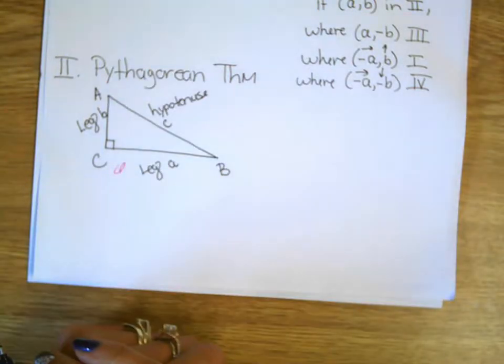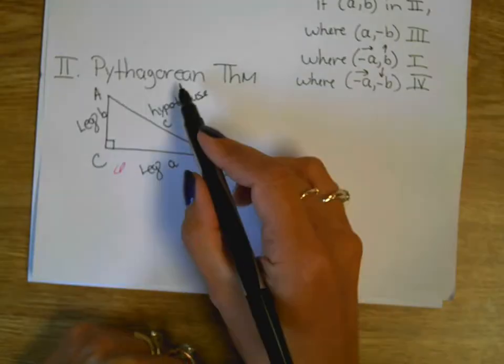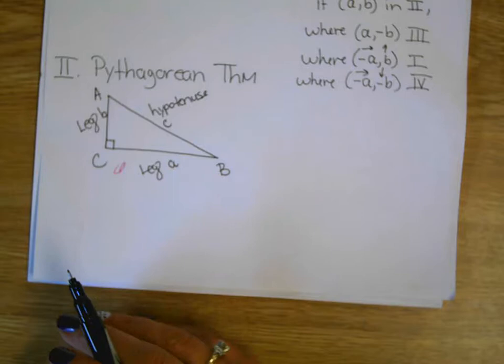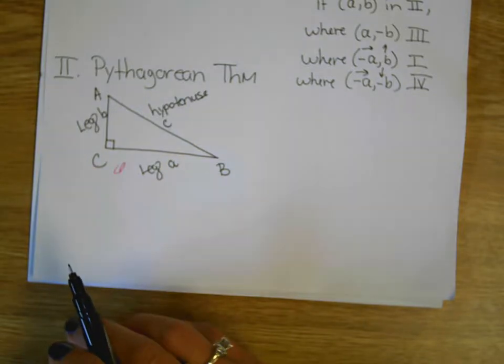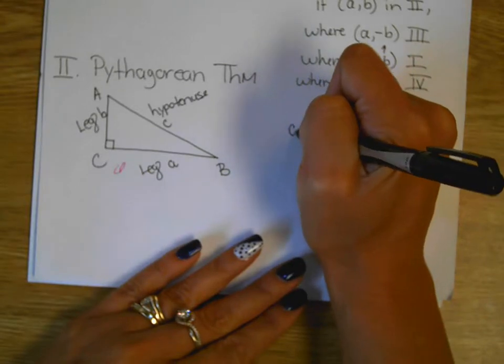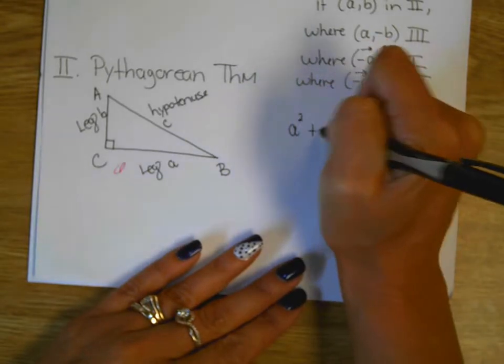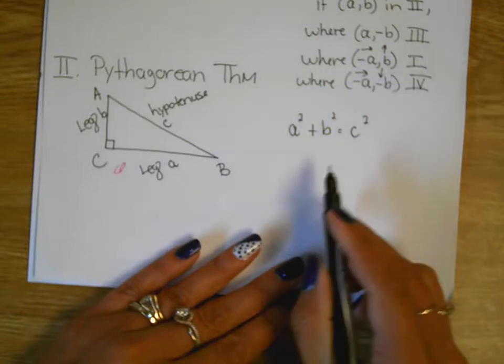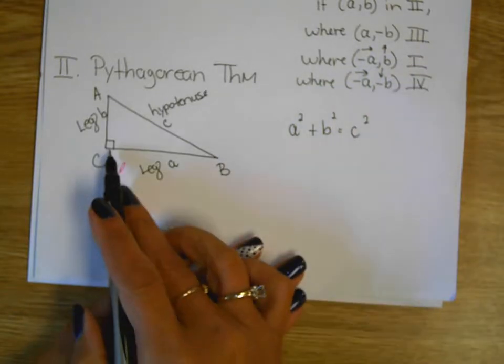Remember that? Now, what did Pythagoras find out about the relationship for these three sides? There was an equation he came up with and proved. Everybody remembers that. a squared plus b squared equals c squared. That's true if the c is at the right angle.